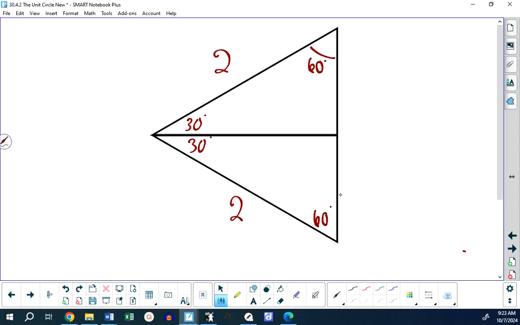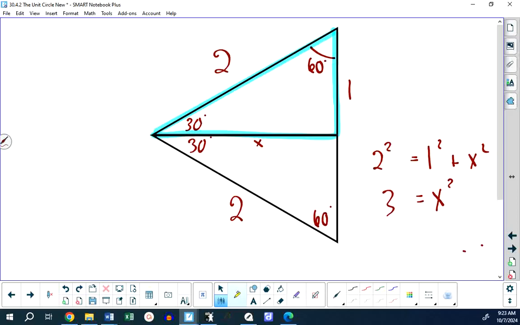It's a 60, 60, 60-degree triangle, which means that this vertical side on the right is 2 tall, which means that this is 1. And then in this triangle, you would have said hypotenuse squared equals 1 squared plus, I'm going to call this x squared, and you would get x squared equals 3.